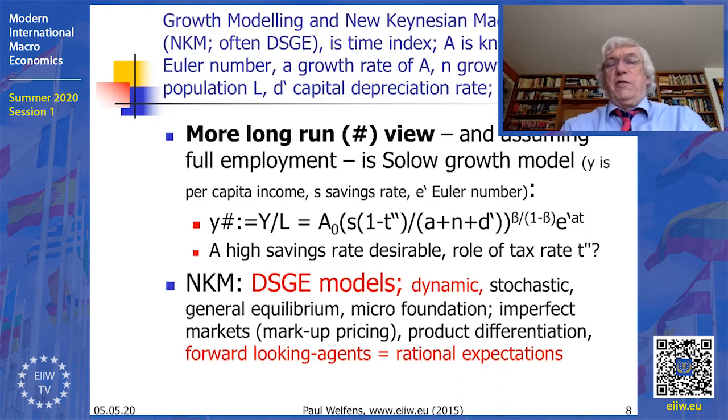What does that mean? Following Muth, this means that the economic agents will consider a model of the economy, so some simplified representation of the economy, and they will use this model actually as the basis for expectation formation. So it's not so interesting to look backwards and then say, okay, the past 3 years we had inflation rates of 1%, 3%, 5%, and maybe then this year we should expect 7%.